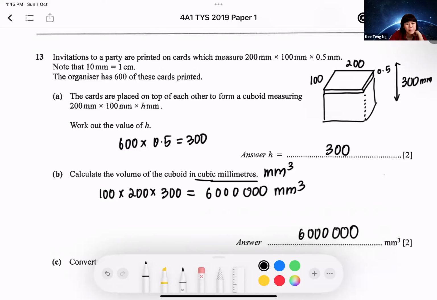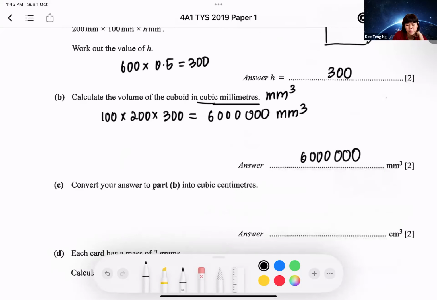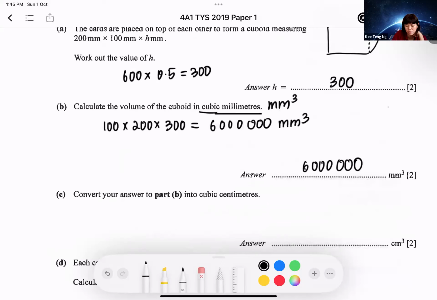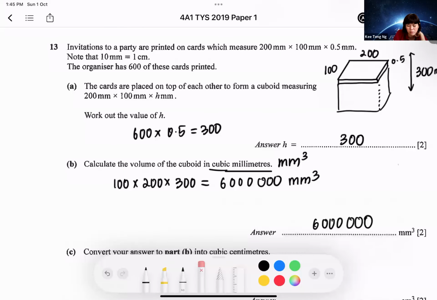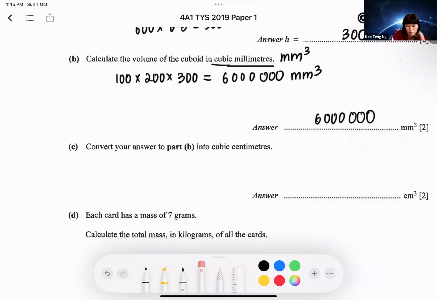Okay, but now the next question says, convert your answer in part B to cubic centimeters. What did they give us? They give us that 10 mm equals 1 cm, right? Can I write it the other way around? 1 cm equals 10 mm. I want to convert from millimeter to cm, so I'm going to divide by 10.